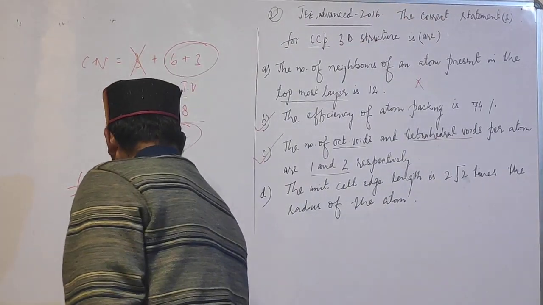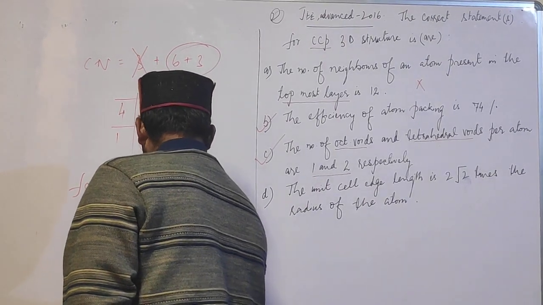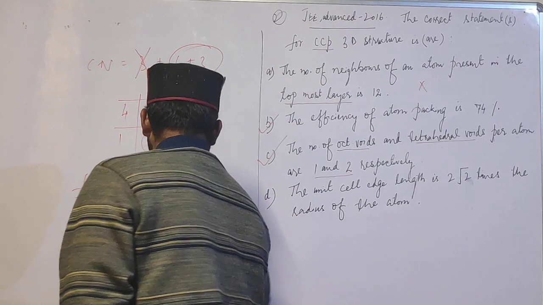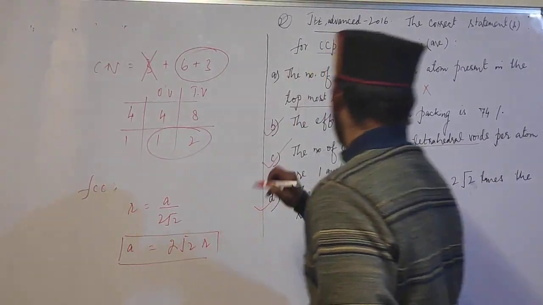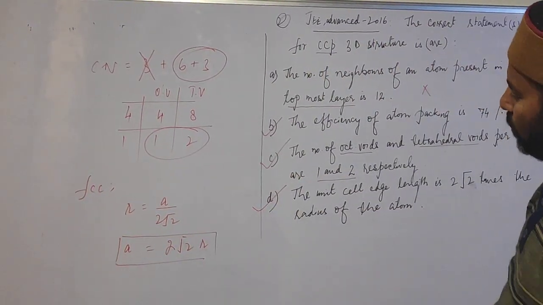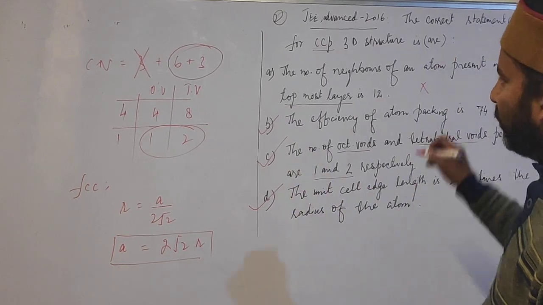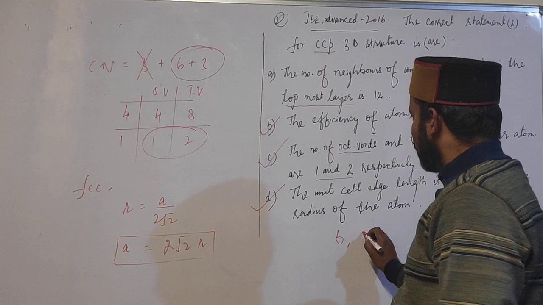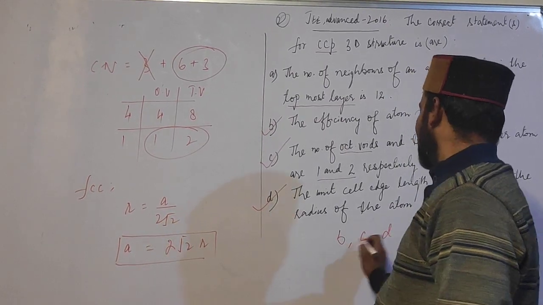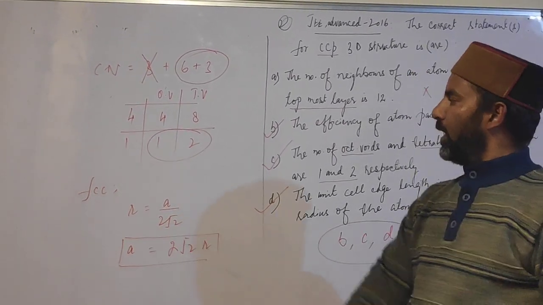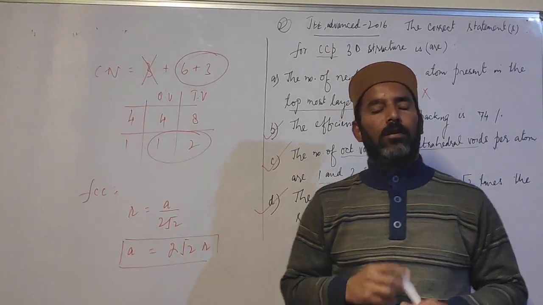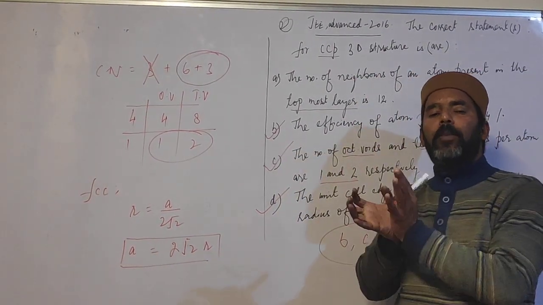So therefore a, that is edge length, is 2 root 2 times R. So therefore this statement is also correct. So students, the correct answer of this question was: option B is correct, option C is correct, option D is correct. Thank you students. In the next lecture we will discuss how to calculate packing efficiency.